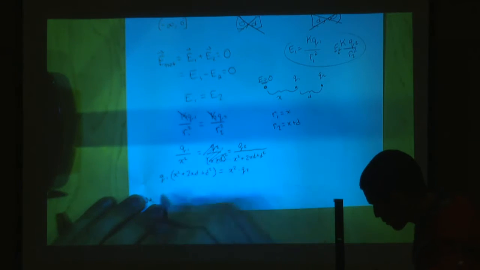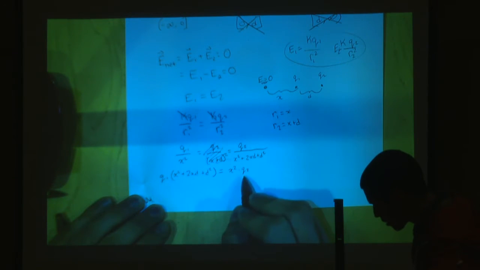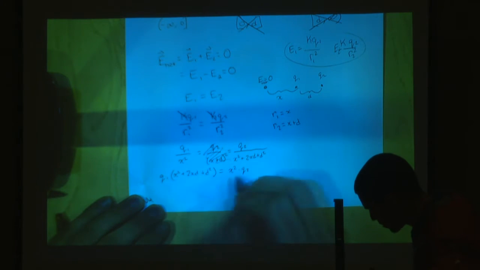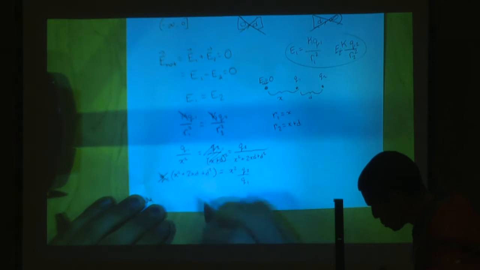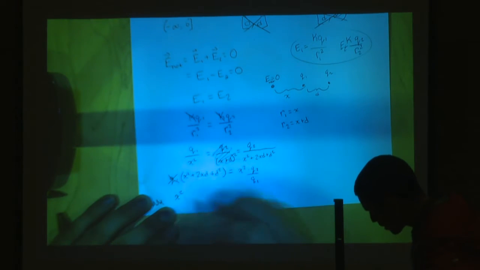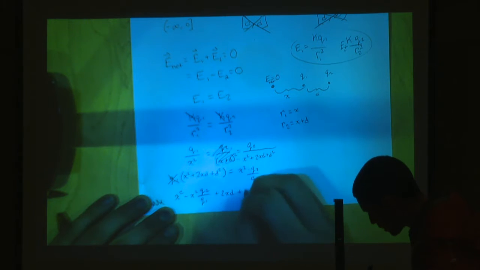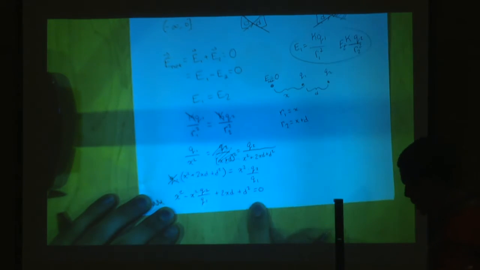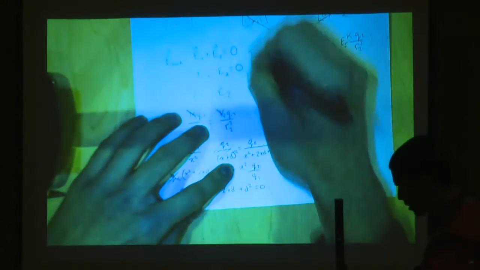So let's get this to 0 so we can get x there, maybe divide by the Q1 here, okay? And then we'll subtract that over. So we'll have X squared minus X squared Q2 over Q1 plus 2XD plus D squared equals 0, okay?